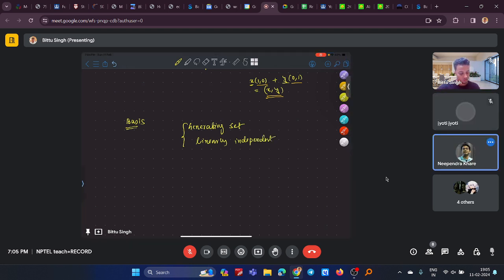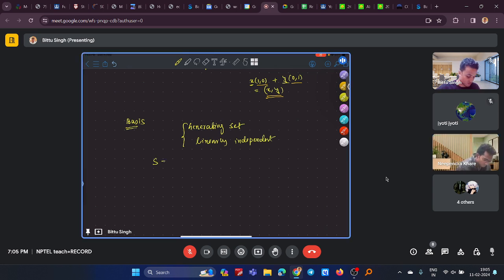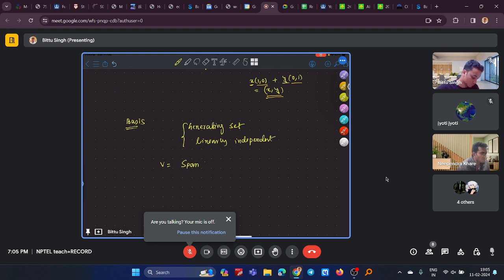So a set S is said to be a basis if it generates the whole vector space and it is linearly independent. In notation, we can write V is the linear span of S, where S is linearly independent.